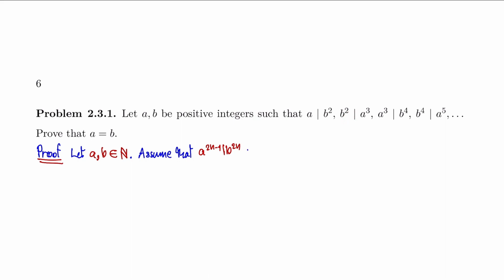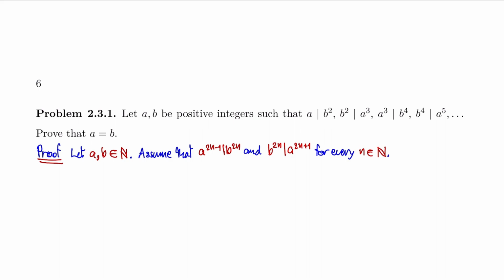So we have b to the 2n divides a to the 2n plus 1 for every positive integer n. And we try to show that a equals b. So how can we deal with this?